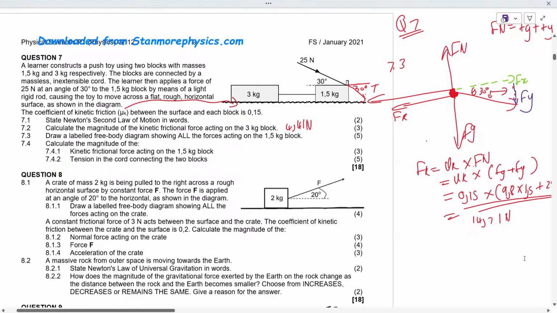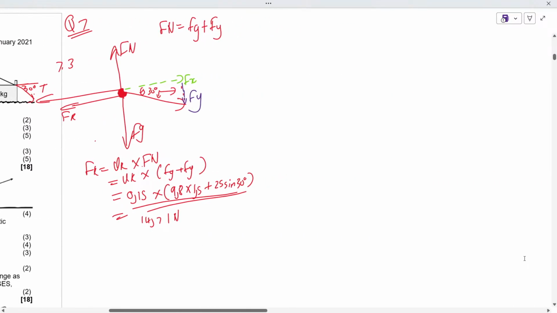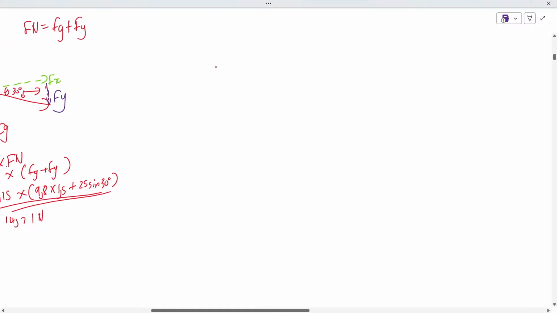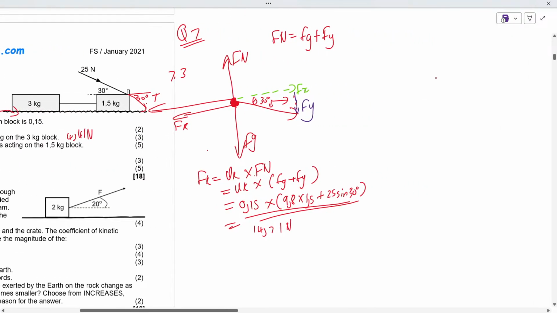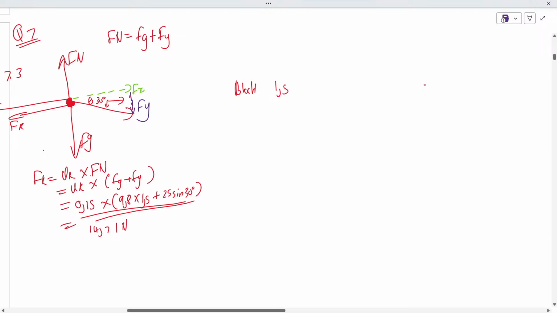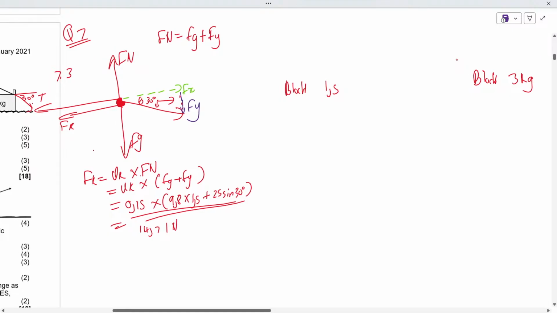So now you have the forces on the two blocks: the forces on the 1.5 kg block and the forces on the 3 kg block. Then you say F net, Newton's second law, with right as positive.